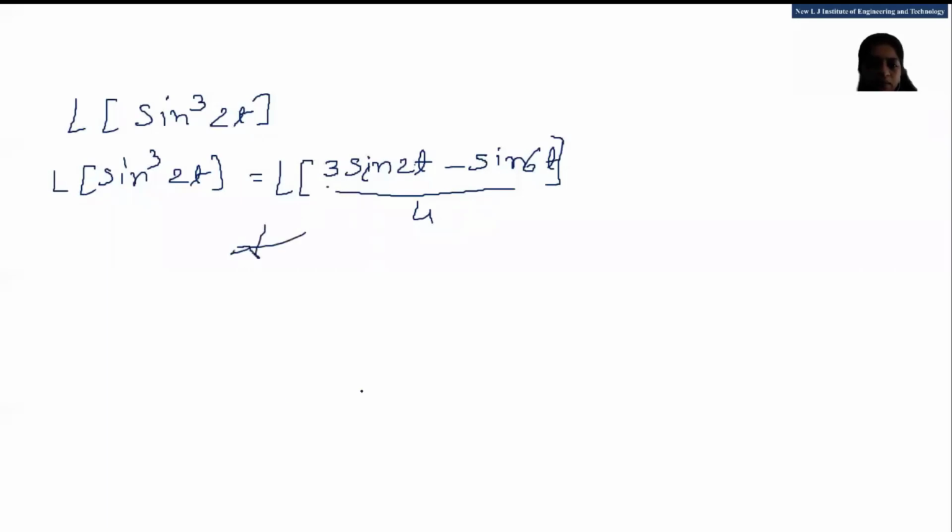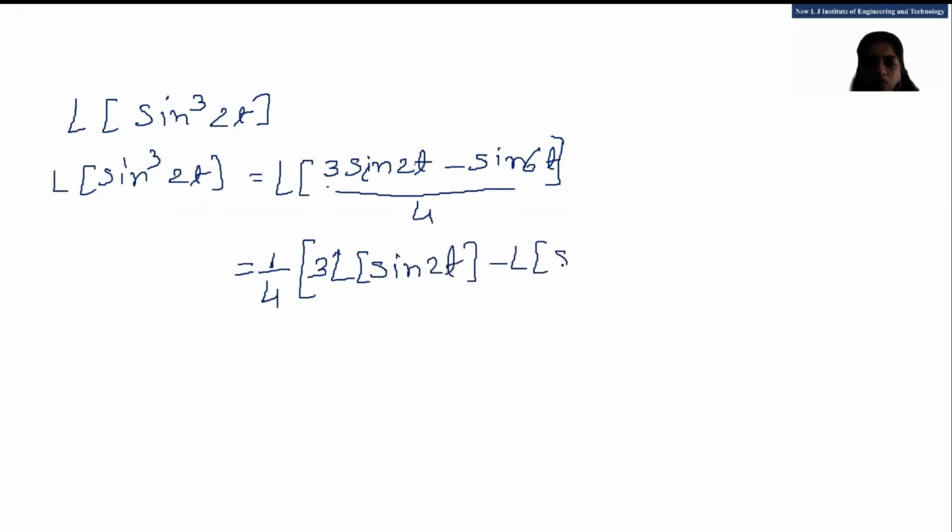So we keep this 1 by 4 common for both the terms, and that is 1 by 4, and apply the linearity property, that is 3 Laplace of sine 2t minus Laplace of sine 6t, right?